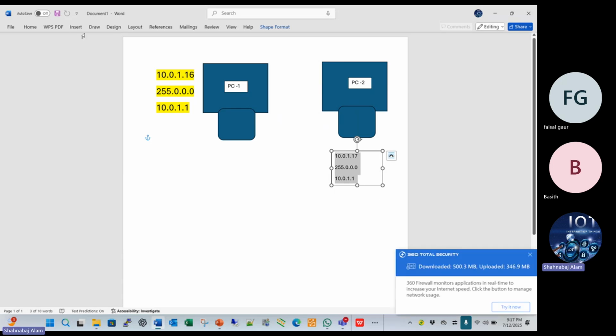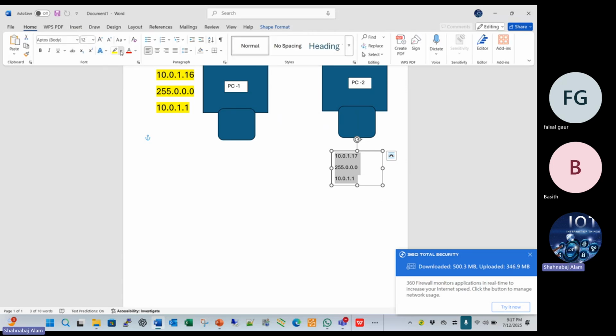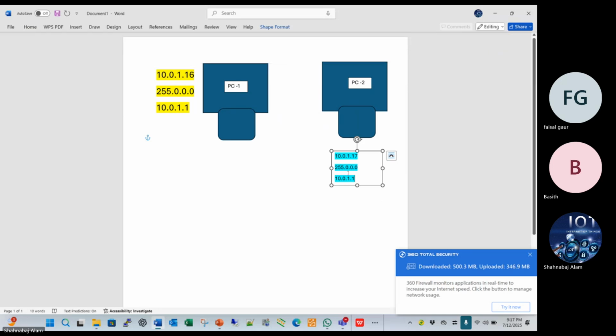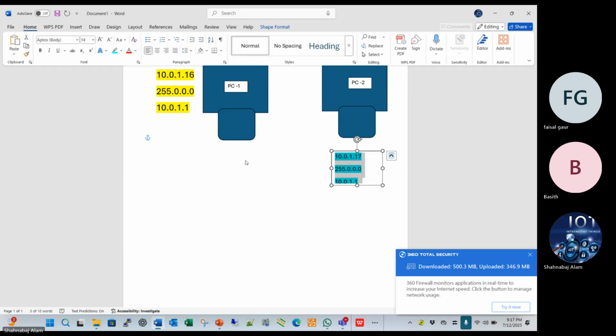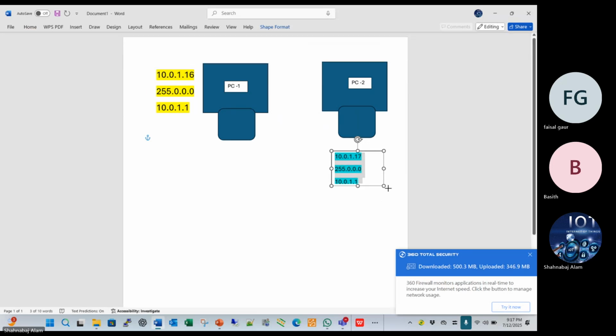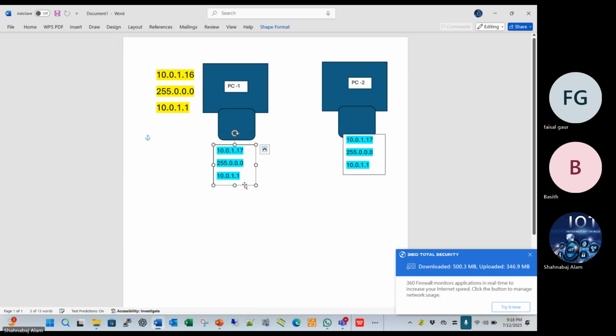This IP address is assigned to the second PC. And the same for this one, this is PC2.